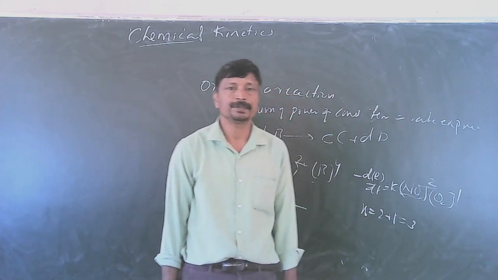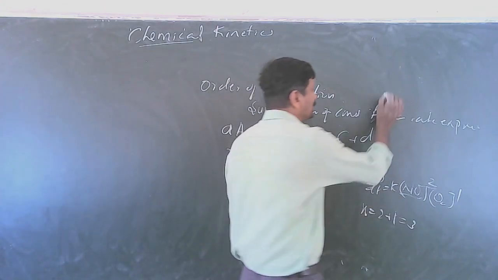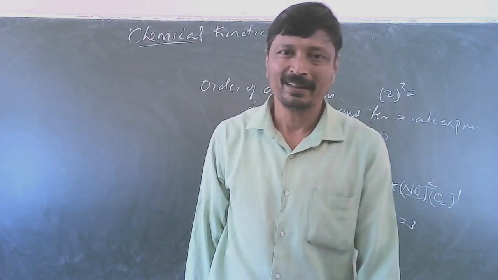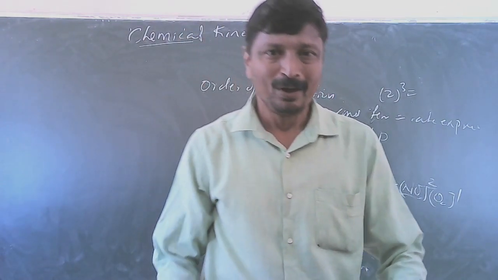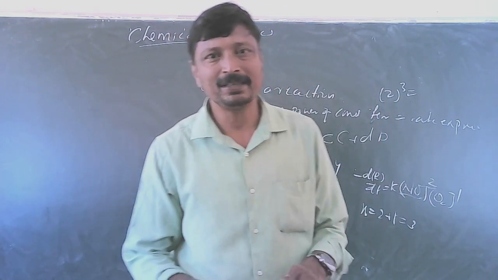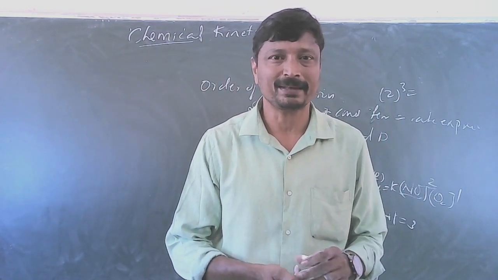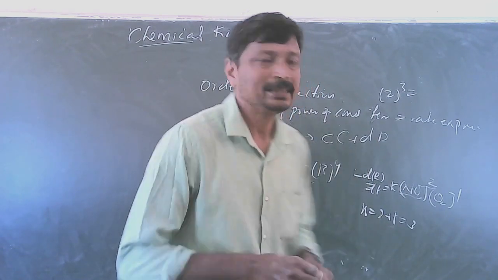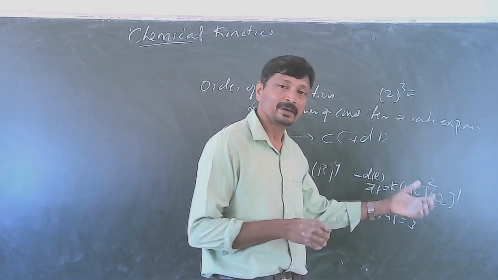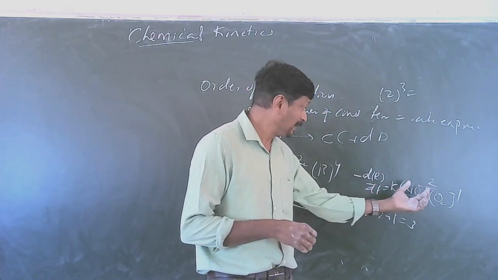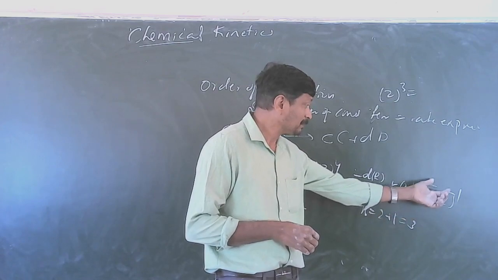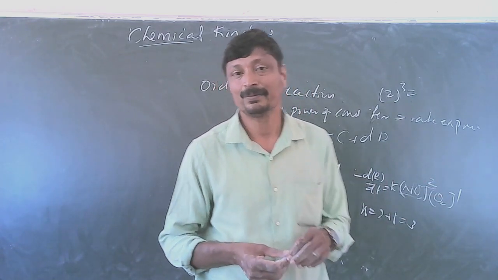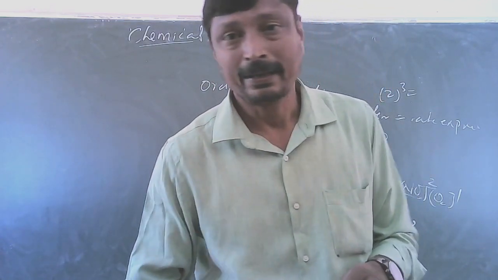If you double the concentration of both, how many times will the rate increase? 2 to the power of 3. See, order gives a clear idea of how the rate of the reaction depends upon the concentration of the reactants. So how does the rate vary with NO? With the power of 2. I think it's clear for you.